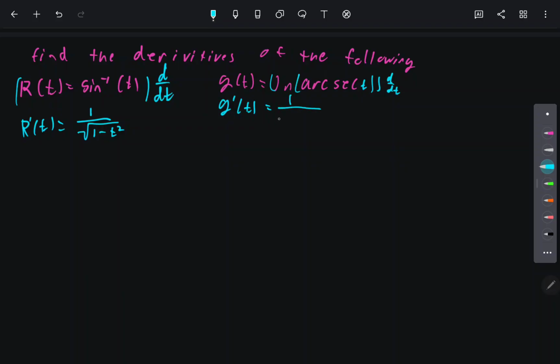So we get 1 over arcsecant of t times the derivative of secant inverse, which is 1 over the absolute value of x, or in this case, t, times the square root of t squared minus 1. And that's it. That's its derivative.